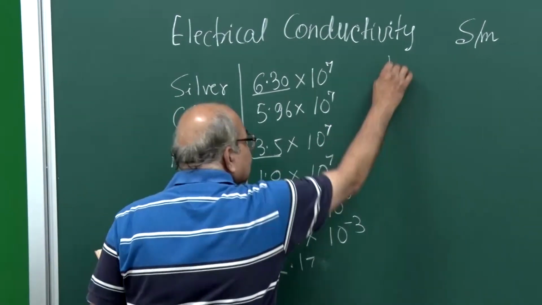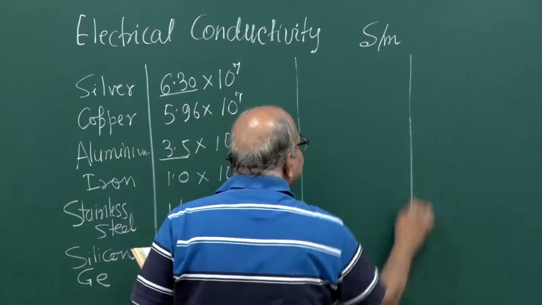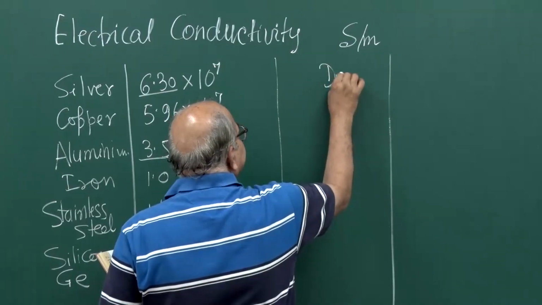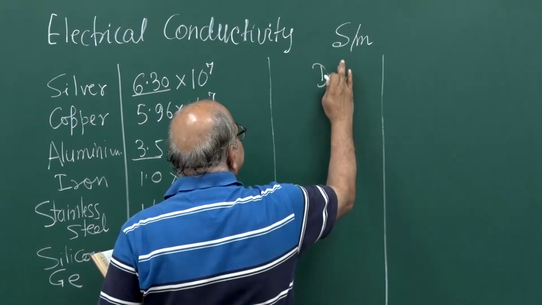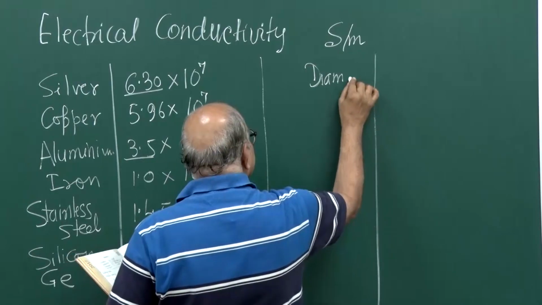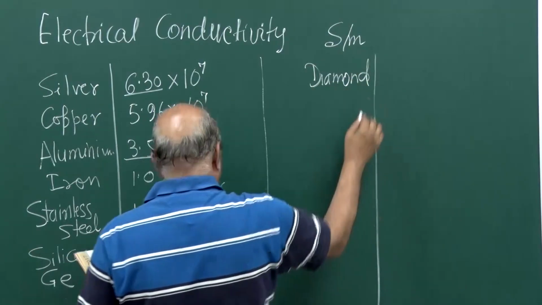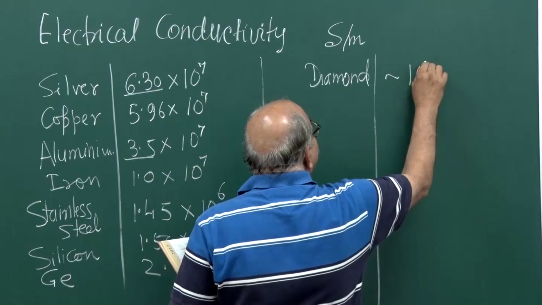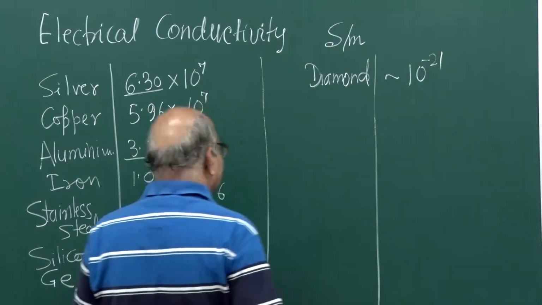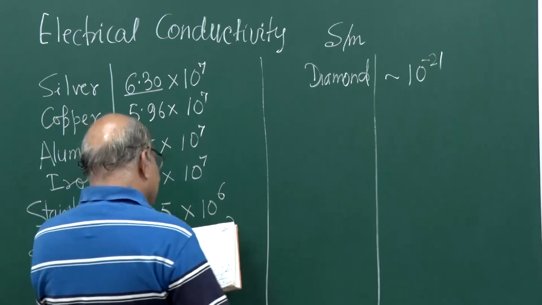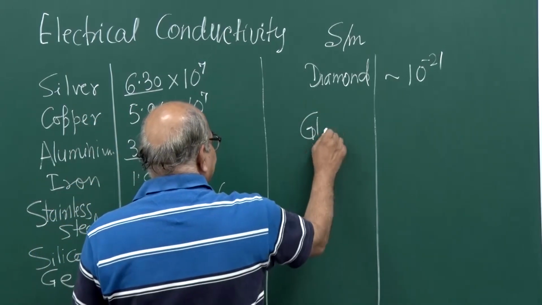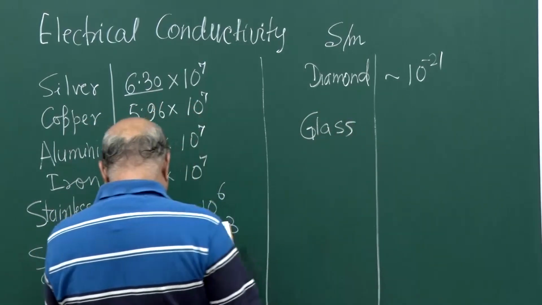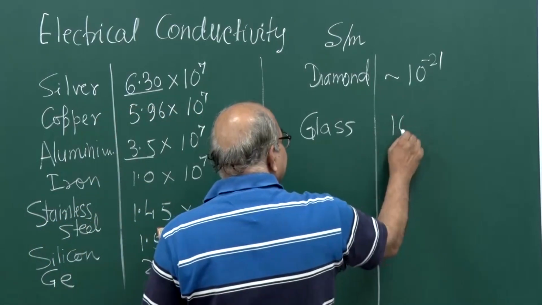Let us write here. Diamond, it is 10 power minus 21. Then glass, this is 10 power minus 11.